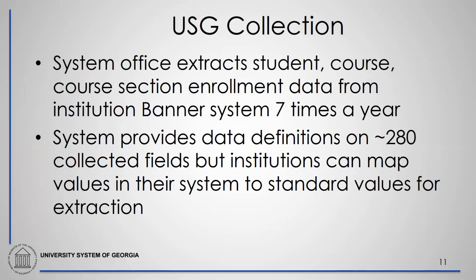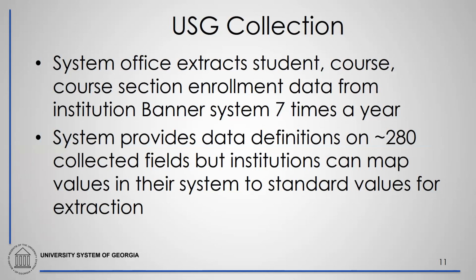I want to shift to USG now, and there are quite a few differences here. First of all, rather than institutions submitting flat files, the system office actually extracts student course and course section enrollment data from institution Banner systems 7 times a year: midterm and end of term for fall, spring, and summer, and then a preliminary enrollment in fall.